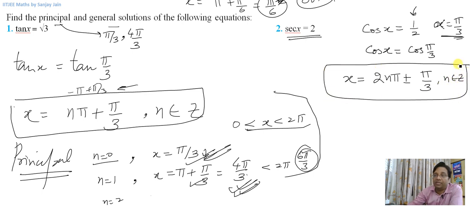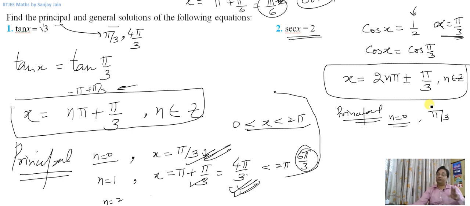Now let me write the principal solution. One of the solutions is pi by 3 itself, or let me place n equal to 0 and then check. If I place n equal to 0, it will give me minus pi by 3 or pi by 3. So I'll accept pi by 3 only, because I am looking for a solution between 0 to 2 pi.